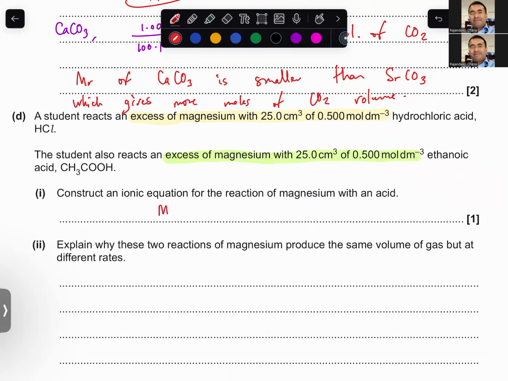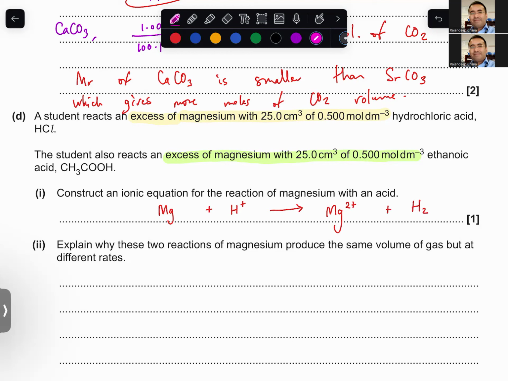So the magnesium, the metal, will react with the acid, and it's the H plus part of the acid which we're concerned about. The magnesium turns into a 2 plus ion because it's in group 2, and the H plus ions gain those lost electrons from magnesium to give you hydrogen gas.